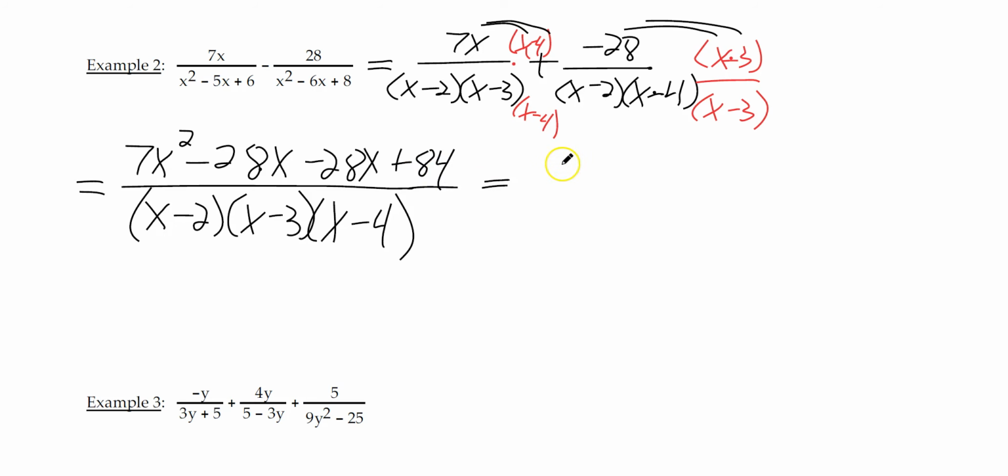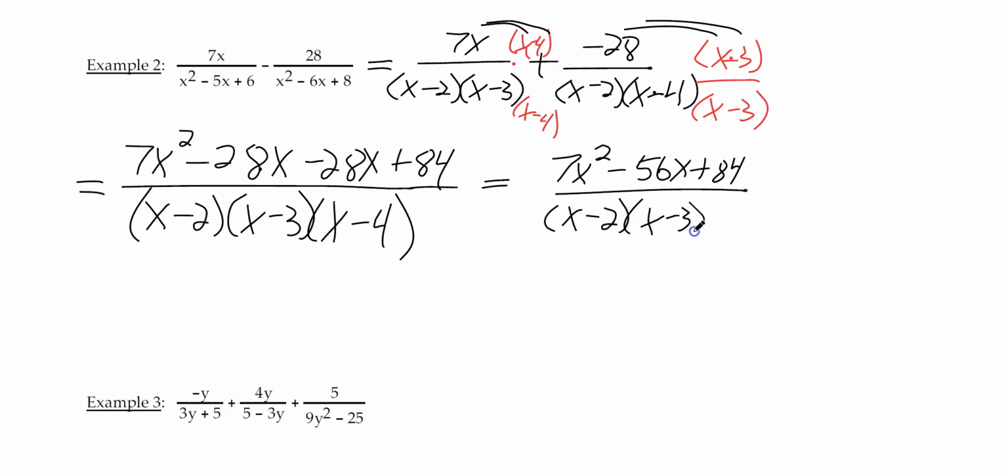So simplifying the numerator, 7x squared minus 56x plus 84. Denominator has not changed. Now the numerator may reduce, so we have to try factoring it.